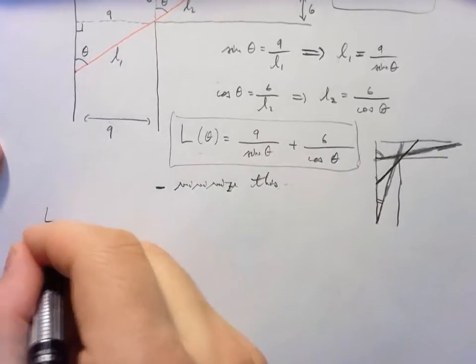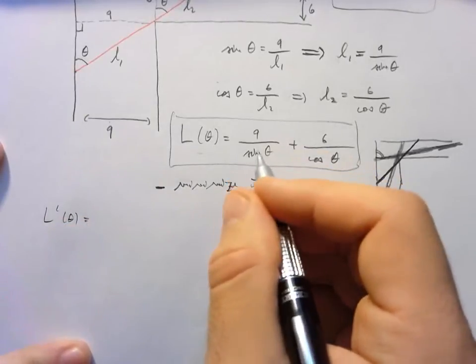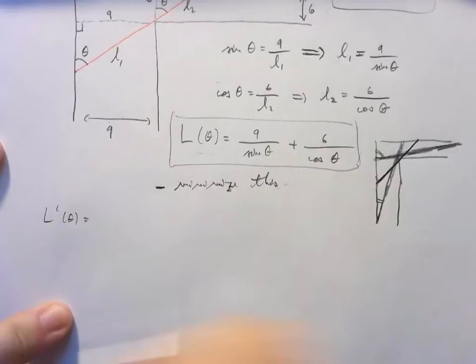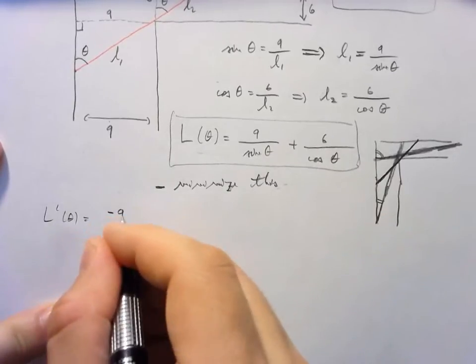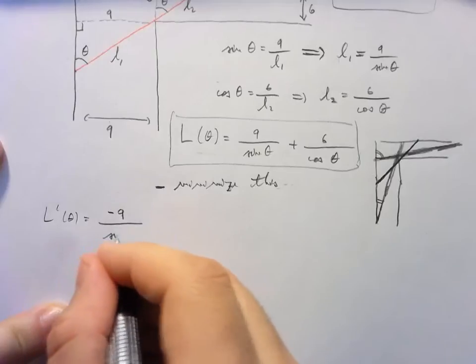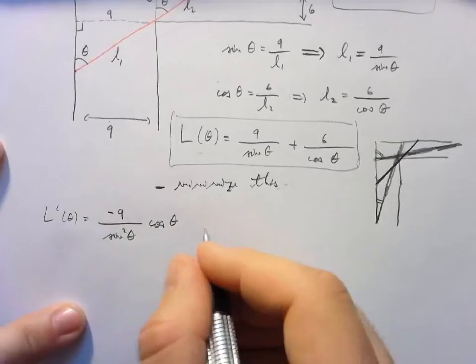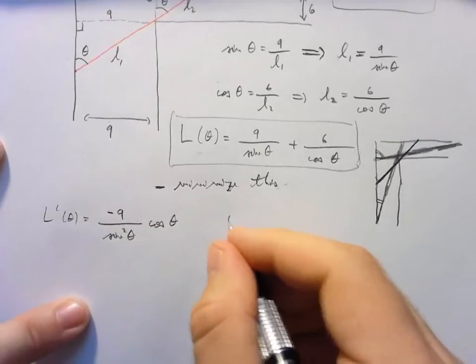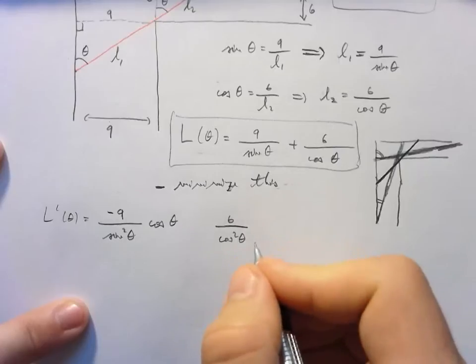Of course, I have to take a derivative, so L prime of theta is going to be, okay, this is sine to the minus 1, so I can say it's negative 9 over sine squared theta times cosine theta. And now I have 6 over cosine squared times negative sine of theta.